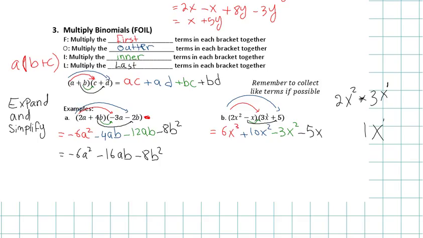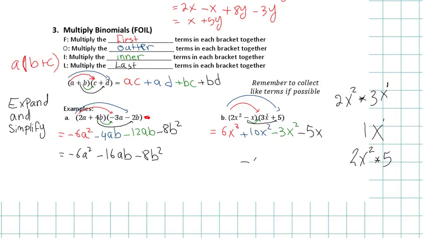Okay? So let's look at the second term. I have 2x squared, so the blue one, 2x squared times 5. You just have to multiply the 2 by the 5 because these are your numbers, so that gives you 10x squared. Are we okay with that? The green one, I have negative x times 3x.